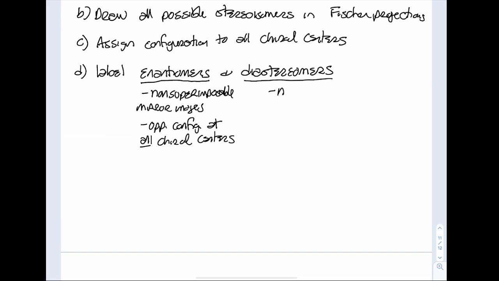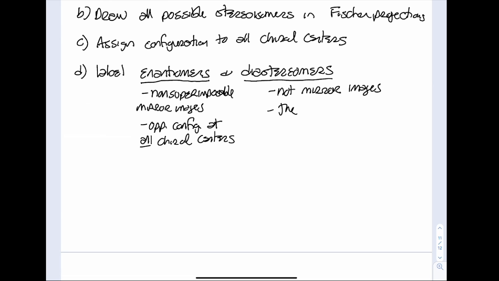Diastereomers are not mirror images. They're still stereoisomers, however. And they're going to have opposite configuration at least one, but not all chiral centers. If they had the same configuration at all of the chiral centers, then they're actually the same molecule. They're not stereoisomers at all. Let's say it backwards.